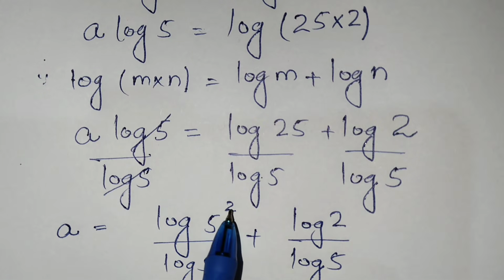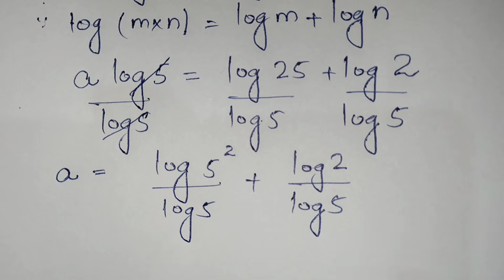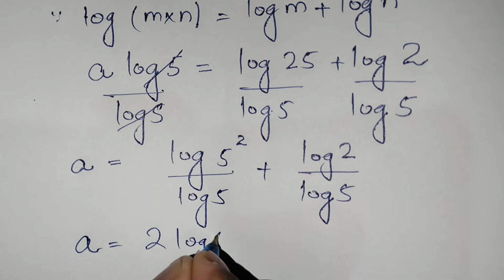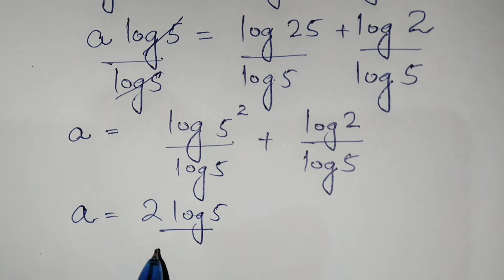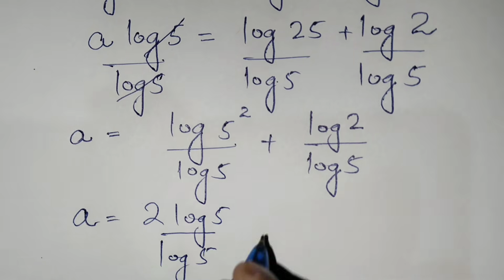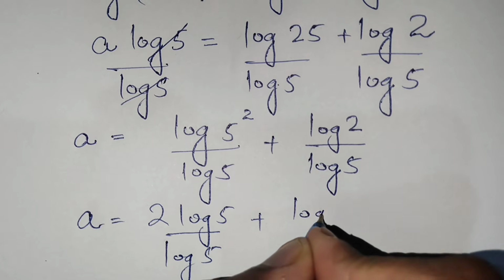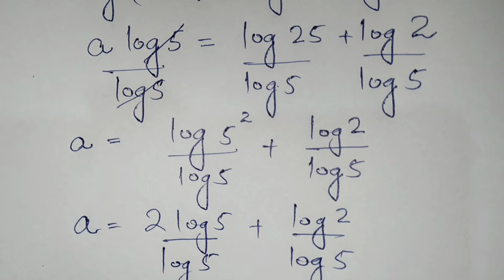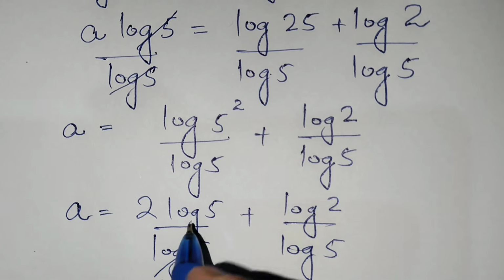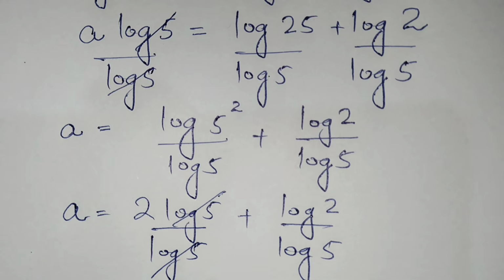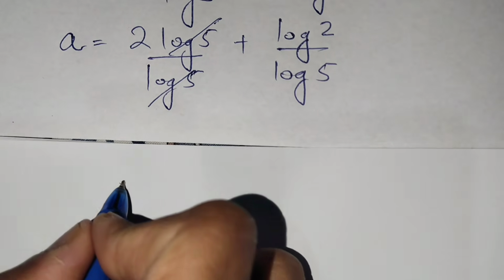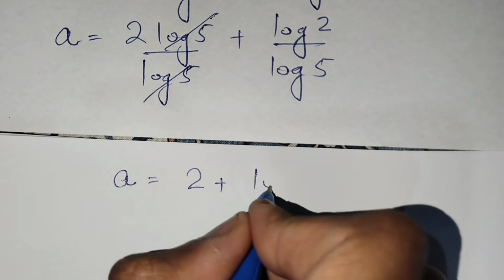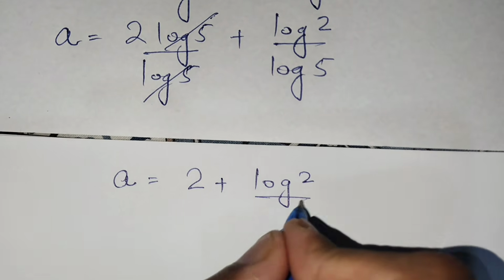Once again apply the power rule of log here. a equals 2 times log of 5 divided by log of 5, plus log of 2 divided by log of 5. Cancel out log of 5 and log of 5. So we have a equals 2 plus log of 2 divided by log of 5.